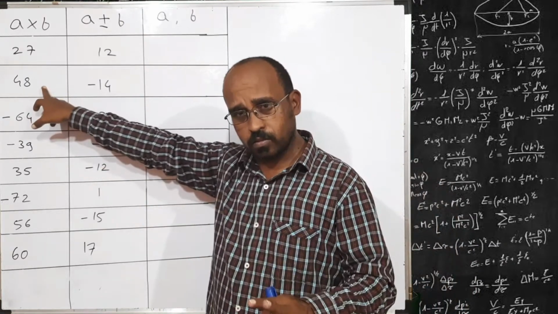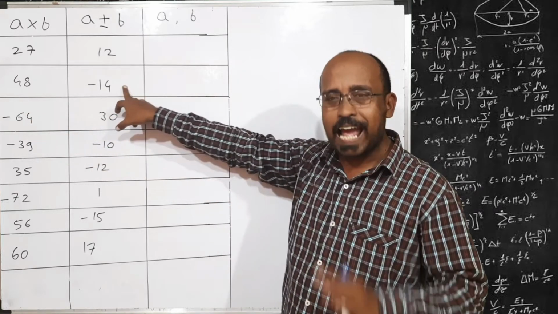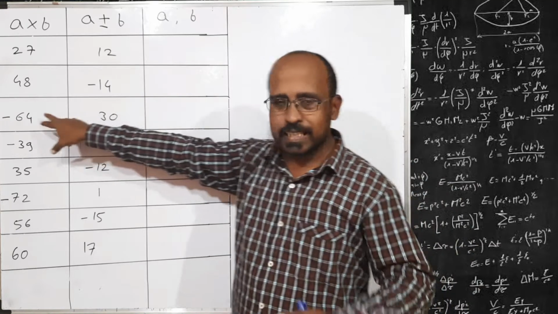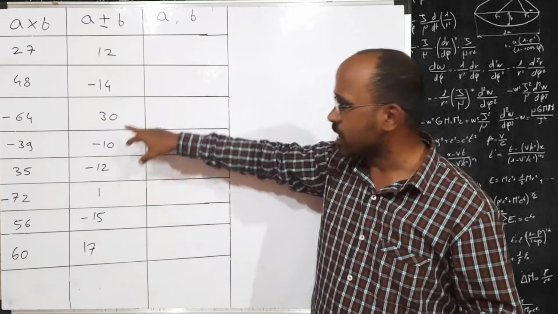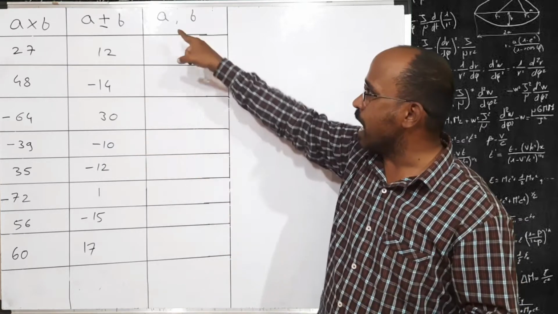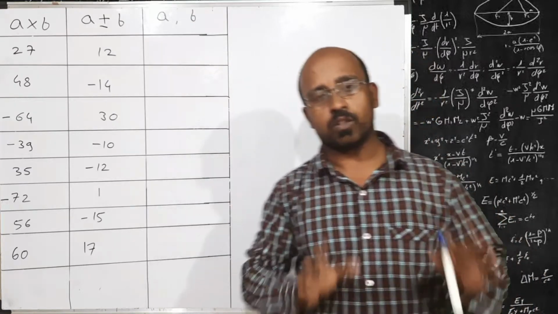There are two numbers whose multiplication is 48 and their addition or subtraction is minus 14. There are two numbers whose multiplication is minus 64 and their addition or subtraction is 30. Clear? And in the third column we have to write those a and b, meaning which are those numbers.